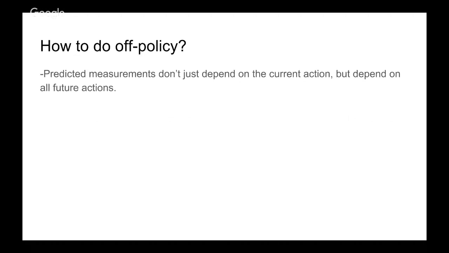Wait, one step Q learning is an off policy algorithm. It doesn't require any importance sampling or anything. Classic Q learning is off policy. Well, hold on a second.